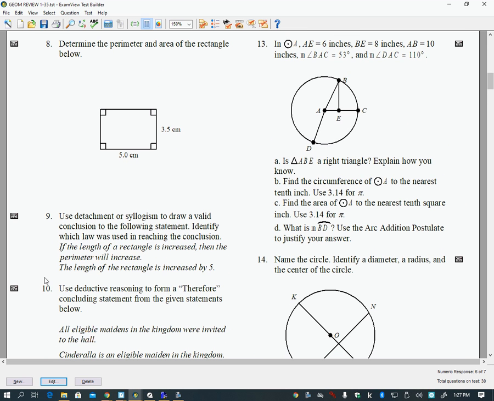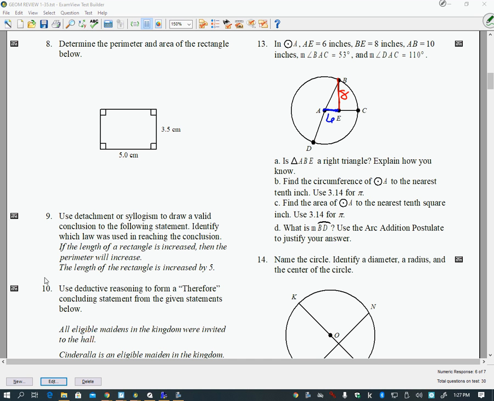13. Okay. So 13 says in circle A, AE is 6 inches. Okay, so this here is 6. BE is 8 inches.